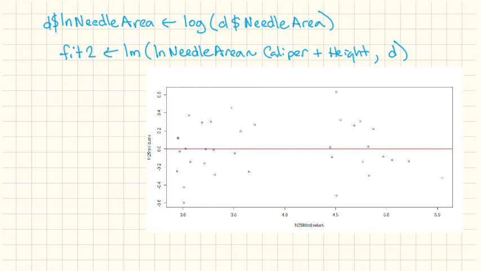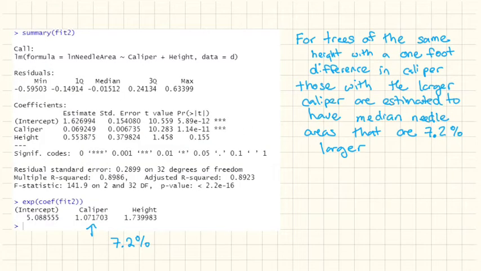So we're going to go with this model, and I'm going to show you how you would interpret the coefficients. Here's the output from this model. The estimates right here in the summary output, like the 1.62 and the 0.069, are for the log needle area.